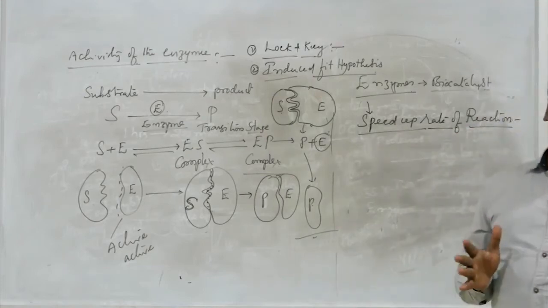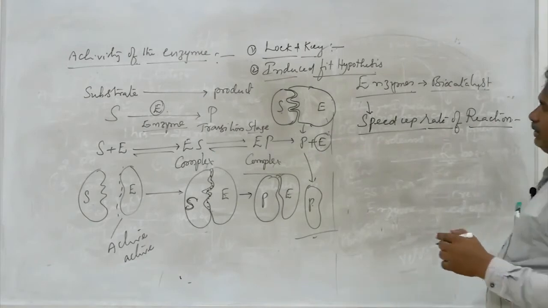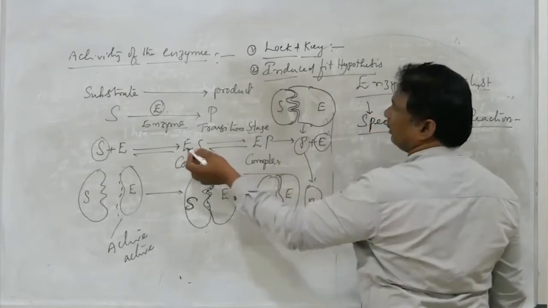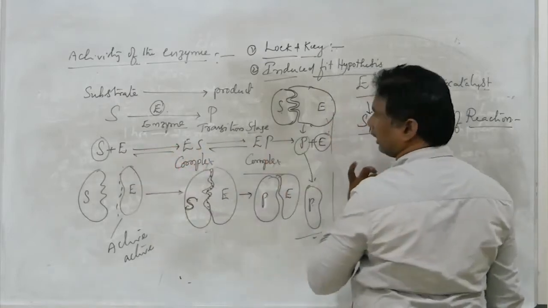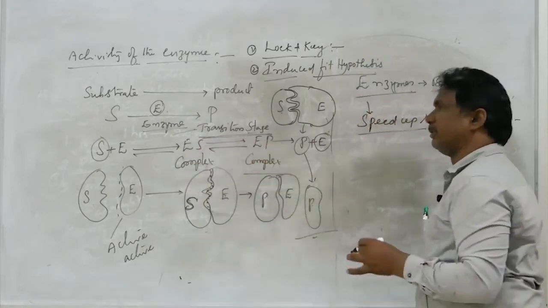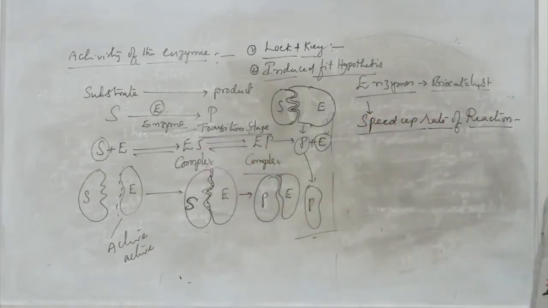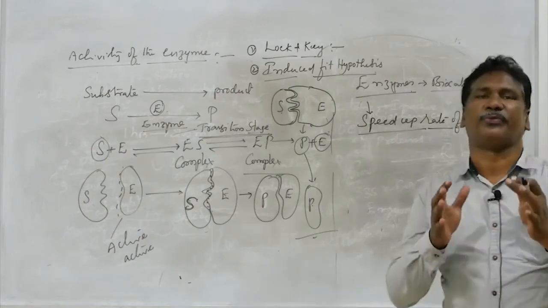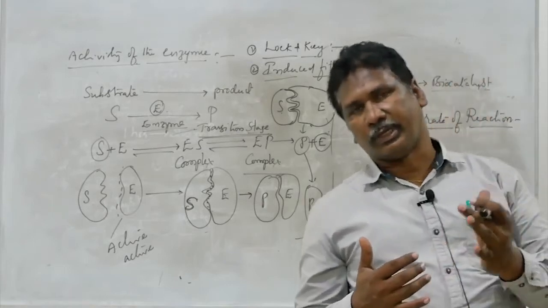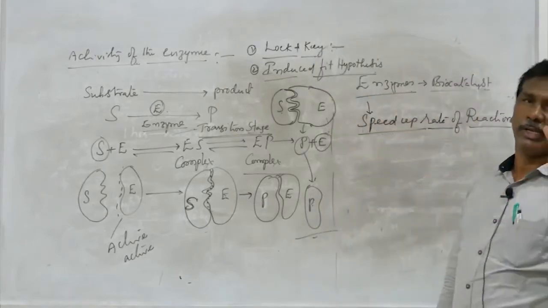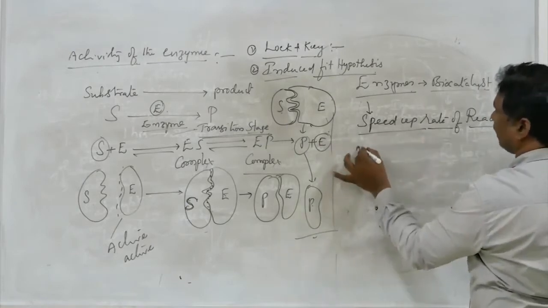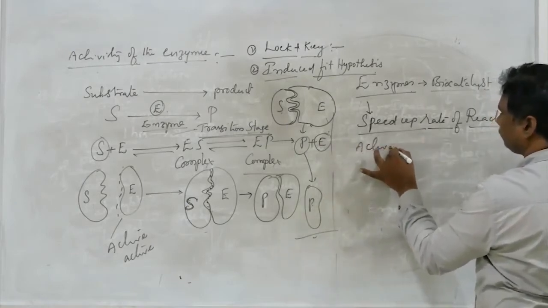How is it possible? You know that in the transition state, the substrate is converting into product. When the substrate is converting into product, it has to overcome one energy barrier. What is that energy barrier? The transition state. A minimum amount of energy is required for the substrate to convert into product. That energy is called activation energy.